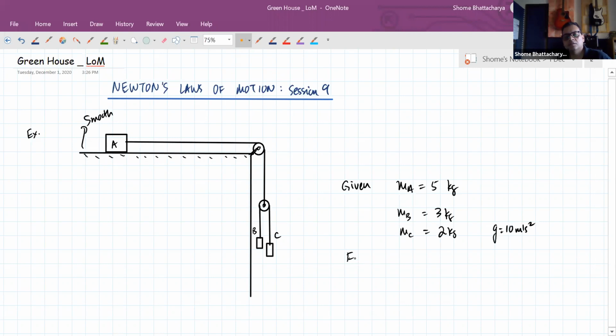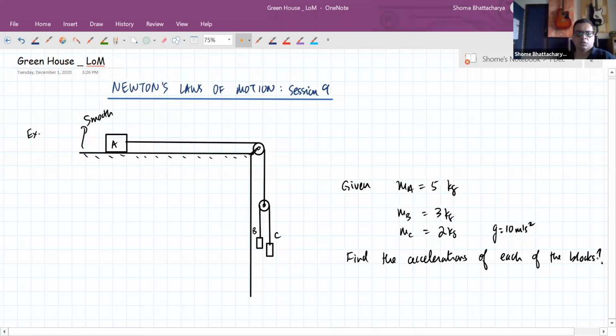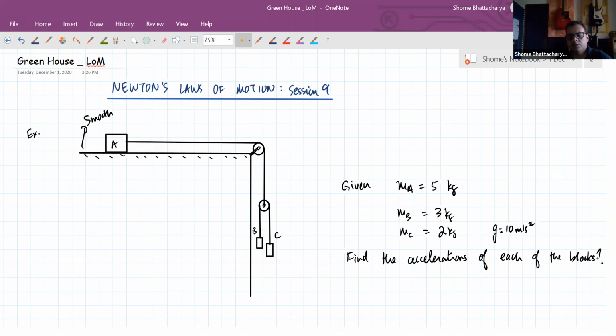We want to find the accelerations of each of the blocks. So in case you have gone through, this is similar to one of the solved examples in H.C. Verma, but we'll be doing this question from basics over here. Okay.